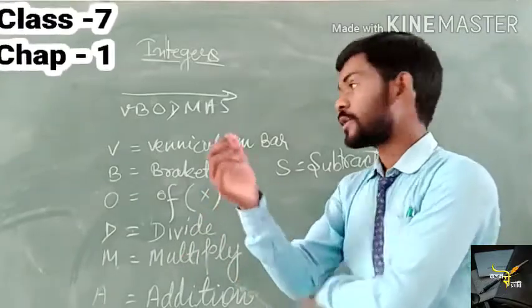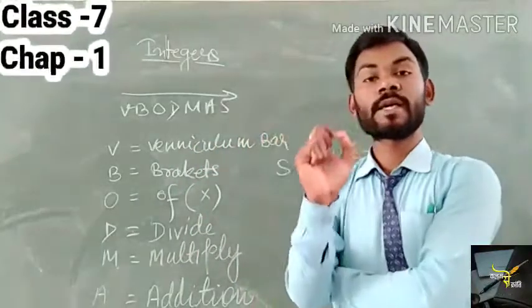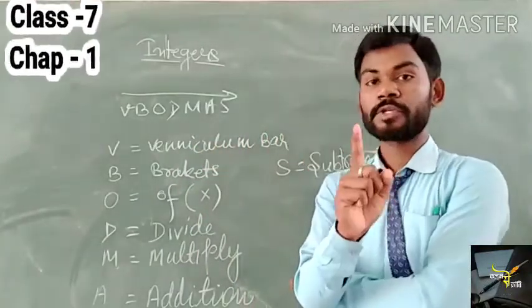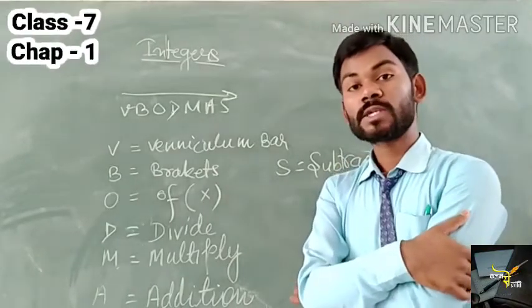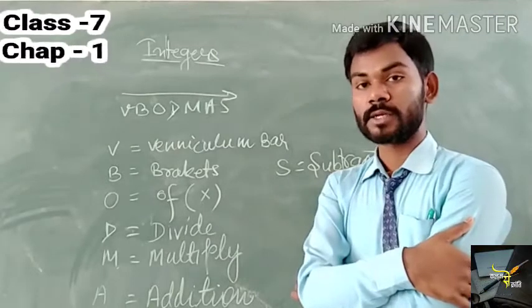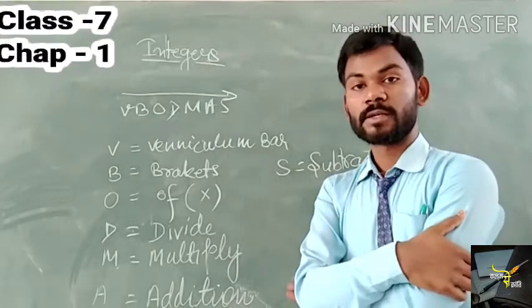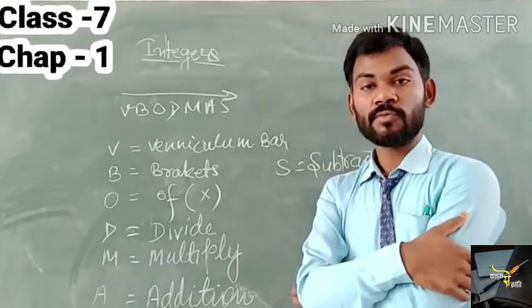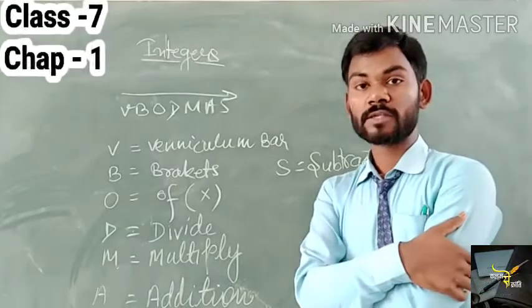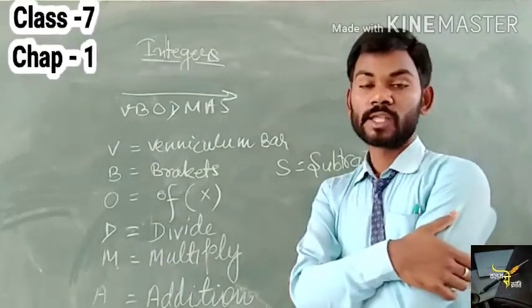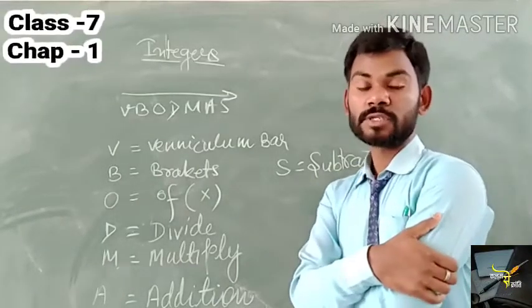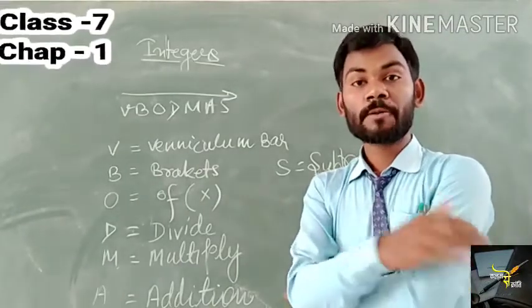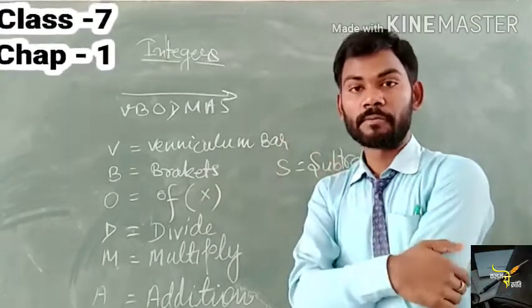Next, if the question contains a bracket, we shall solve only those numbers which are inside the bracket. Similarly, in the next step, if any question has the term of, we shall solve only those numbers which have of after them.